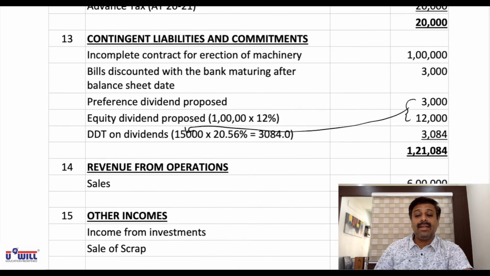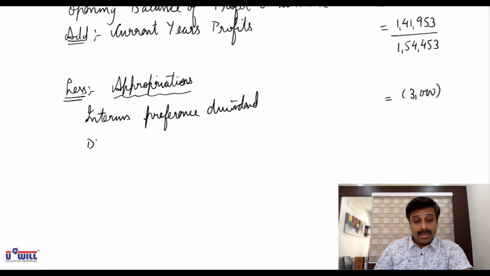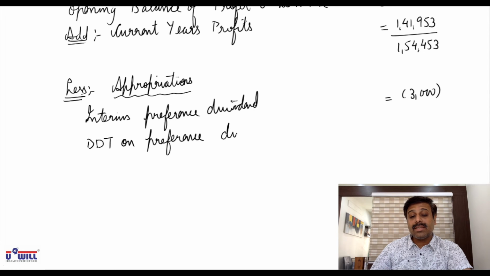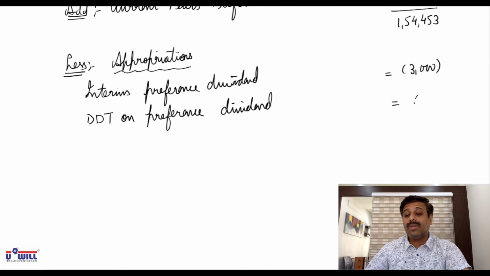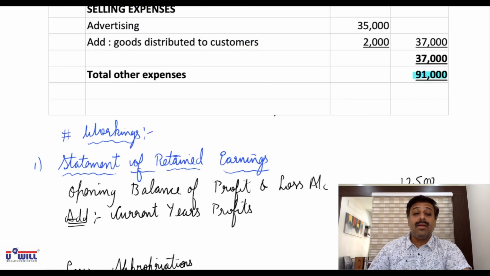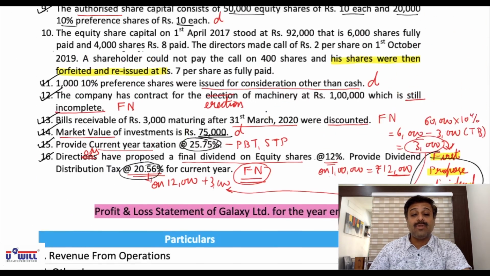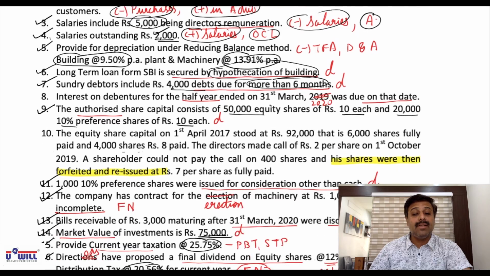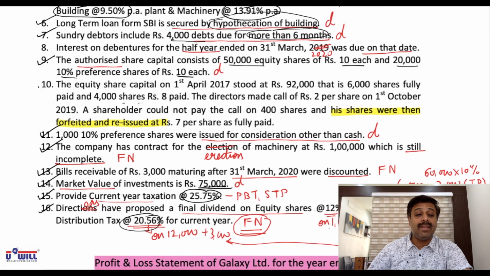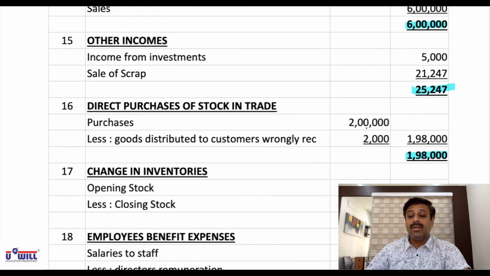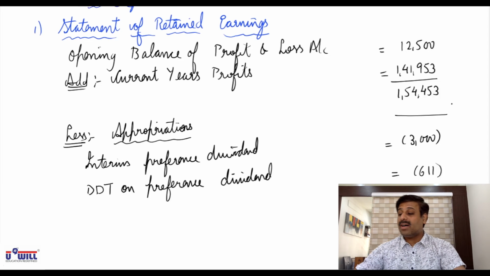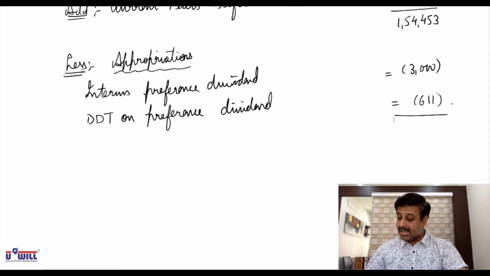DDT on preference dividend, 611. That also we have to minus. Any other item in adjustments, like transfer to reserves, we don't have. Otherwise, transfer to reserves also we would have subtracted. So from this 154,453 we will minus 3,000 and minus 611.